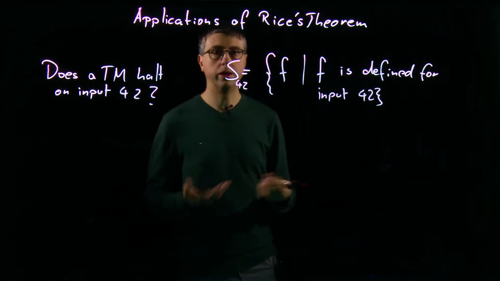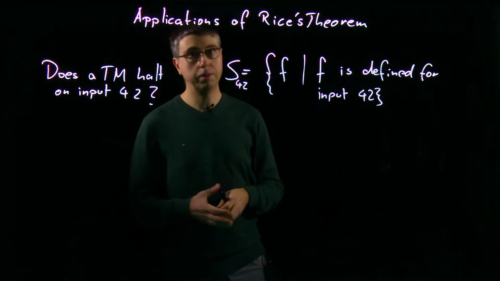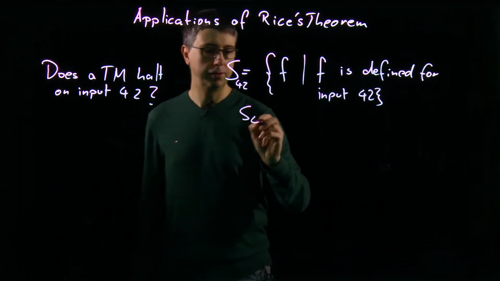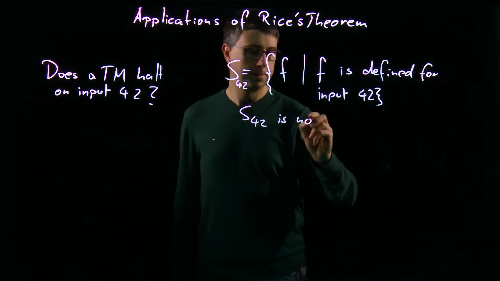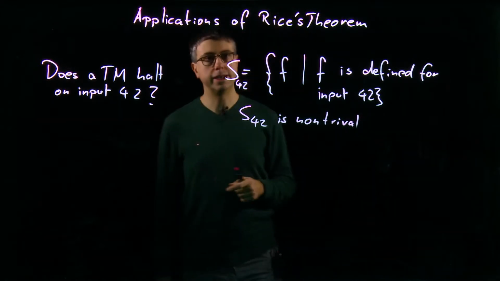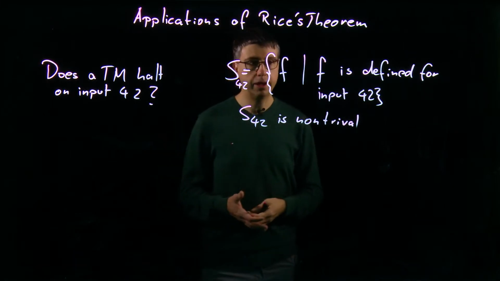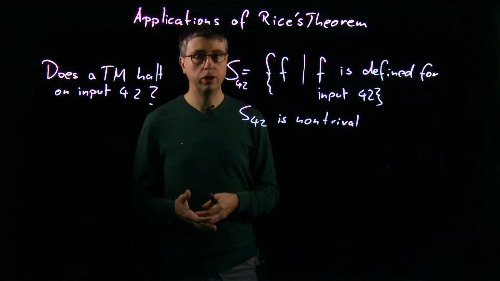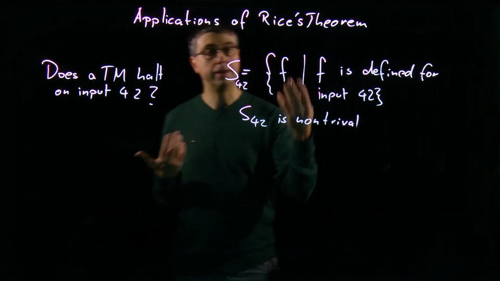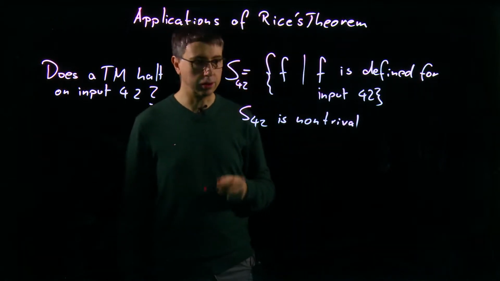So we take all the Turing computable functions that are defined for the input 42 and we collect them in the set S42. This set is apparently non-trivial, because it is neither the set of all functions, because there might be functions, of course, that are undefined for the input 42, and it's also not the empty set, because there exists at least one function that might be defined for 42. So this set is non-trivial.